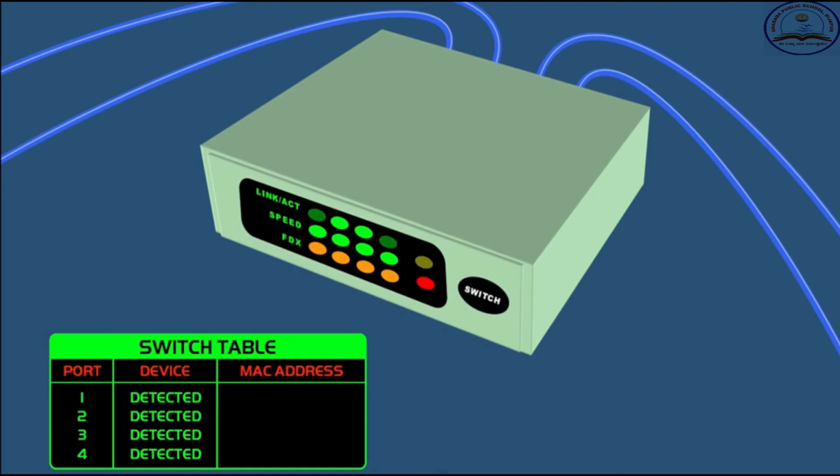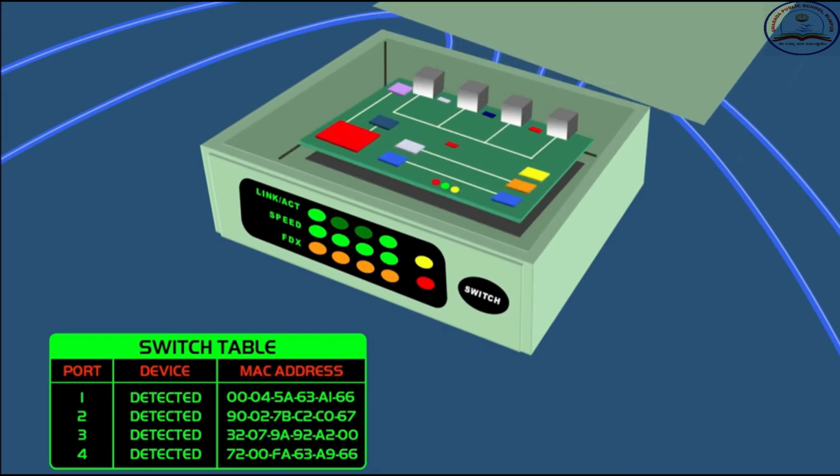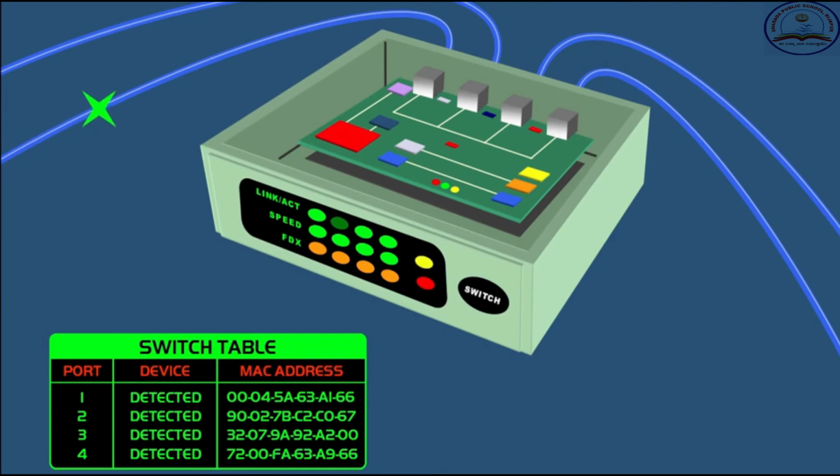This is a switch and it is more intelligent than a hub. It is called an intelligent device in a network because it connects a system with its physical address, that is called the MAC address. Let's look into an example. I will try sending a data packet, and that data packet goes to the particular system which I want to send.